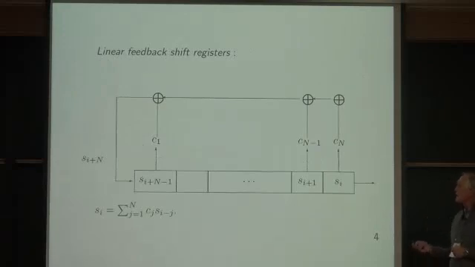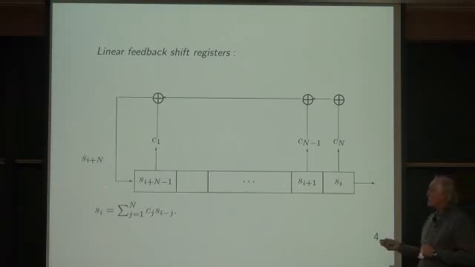A linear feedback shift register is a device which is very simple, especially in hardware, and which outputs linear recurring sequences of this form. All that you have to know about LFSRs is that they produce linear recurring sequences.